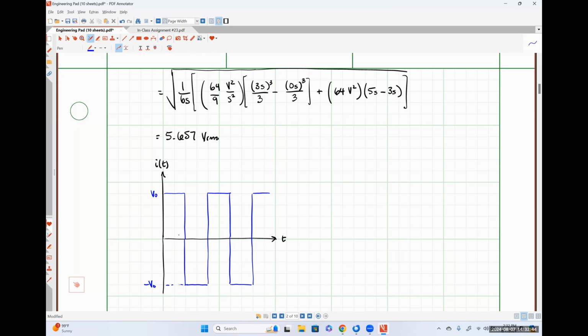Where this value right here corresponds to T over 2, and this value of time right here corresponds to T. Then we would have 3T over 2, 2T, and so on and so forth. So if we wanted to find the effective value of this signal, we could define I of t as a piecewise function, just like we did earlier, where we're going to have two intervals.